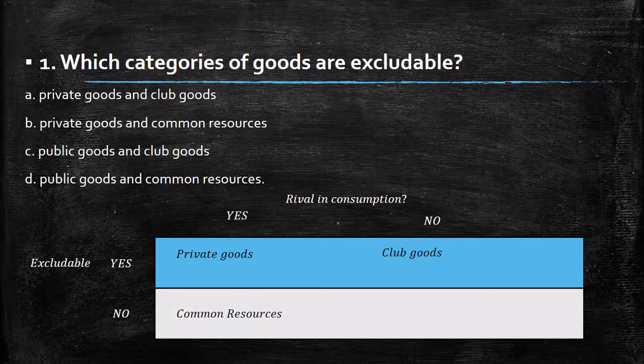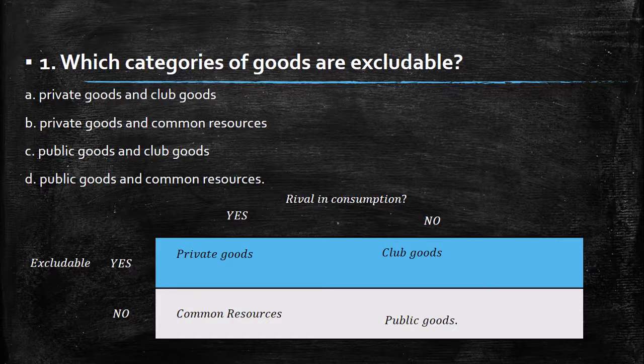The other one, the common resources, are not excludable. The fact that you fish doesn't mean that another person cannot fish, but it's rival in some way, because if you fish one, there is less fish for the other people. And the other one, public goods, are neither excludable nor rival in consumption.